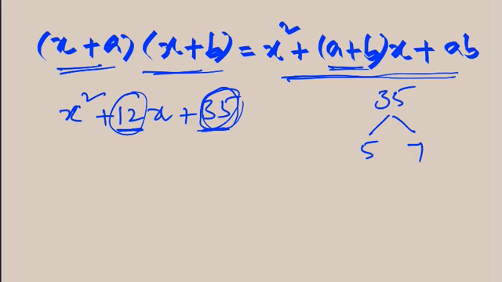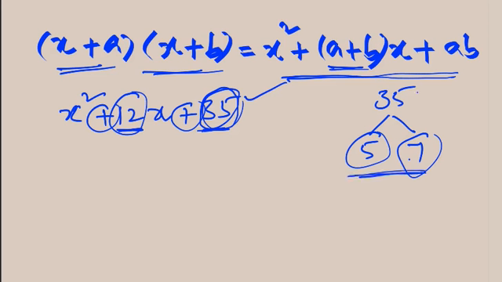Yes, and signs are also very important. So after finding the factors of the last term, the constant term, if we multiply these two we must get the last term 35, and if we add we'll get the middle term with its sign. If minus is there, we have to take minus also. So we are getting 12. That's the reason these two are the factors.